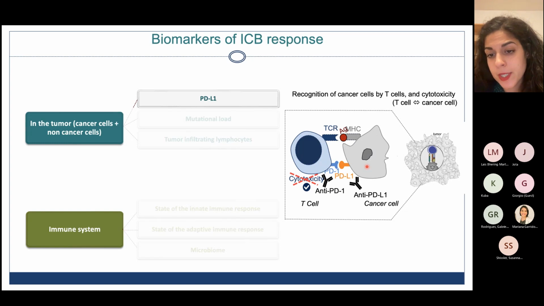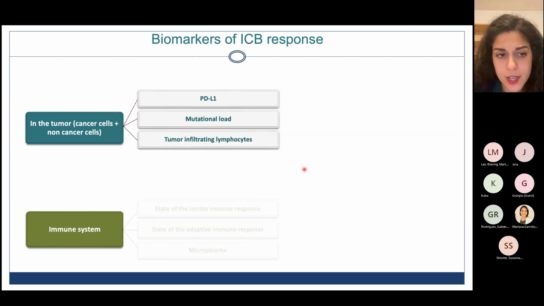So actually, the more PD-L1 you have, the more you will inhibit the T cells that are in the tumor microenvironment. So the more you will benefit from this treatment that will block this axis in order to reinvigorate the cytotoxic activity of the T cells.